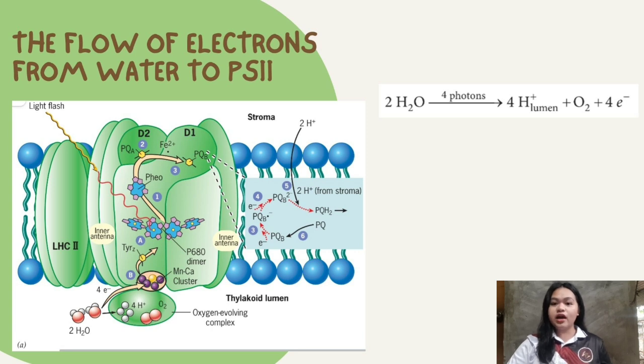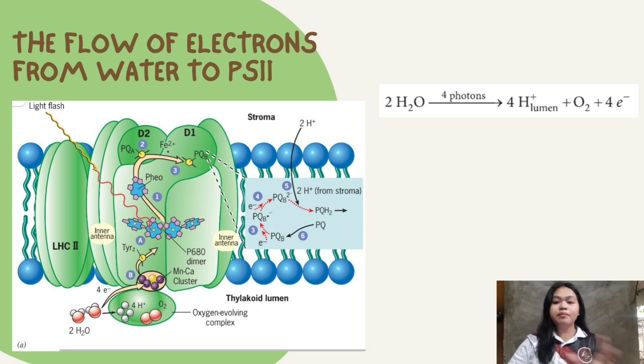Once kasi na nakapag-absorb na ng photons yung photosystem, pwede nang i-catalyze yung 4 electrons from the 2 molecules of water. Then, pag nakatalyze na yon, si manganese-calcium cluster, itatransfer nun yung 4 electrons through the tyrosine residue in the D1 protein as we can see in the figure, na yung tyrosine residue na yon, tinatawag siya as tyr Z, papunta sa P680 dimer, which is the photosystem 2.